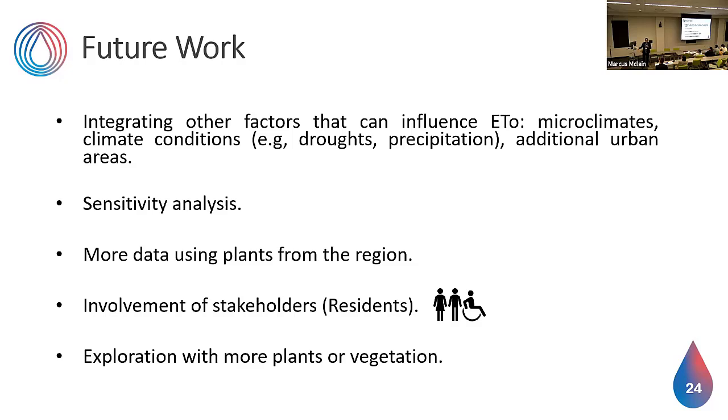The random forest regressor works very well at high temperatures. So we can use the random forest regressor only for the months of June, July, and August, and use the multi-layer perceptron model for the other months that are a little bit colder.